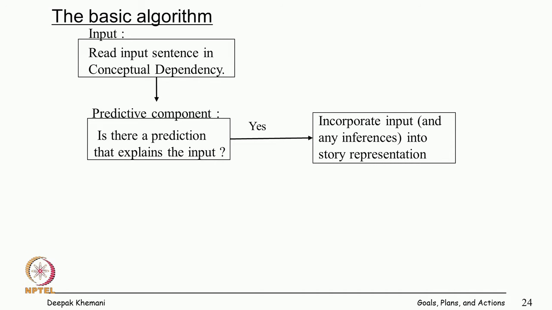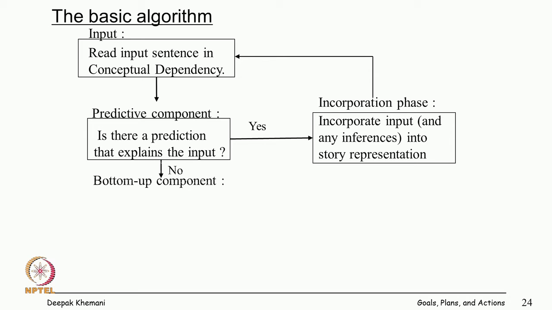If the answer is yes, then you go and incorporate the input and any inferences that you have made along the way into the story representation. Of course, if the input itself matches the prediction, then there are no inferences, but as we will see shortly, sometimes you may make inferences and produce something that matches essentially. So, once you have incorporated, you go back to the reading phase essentially.